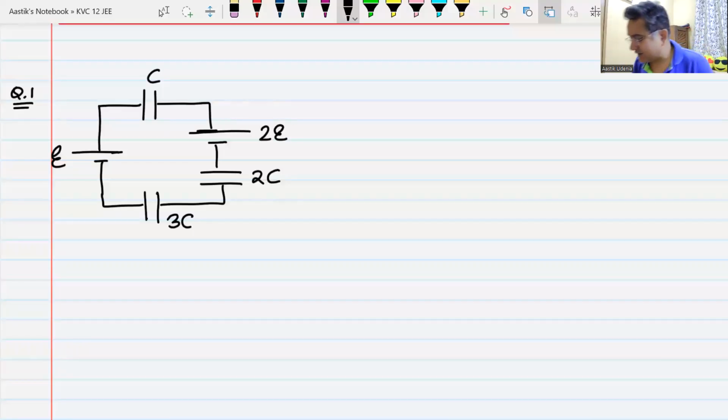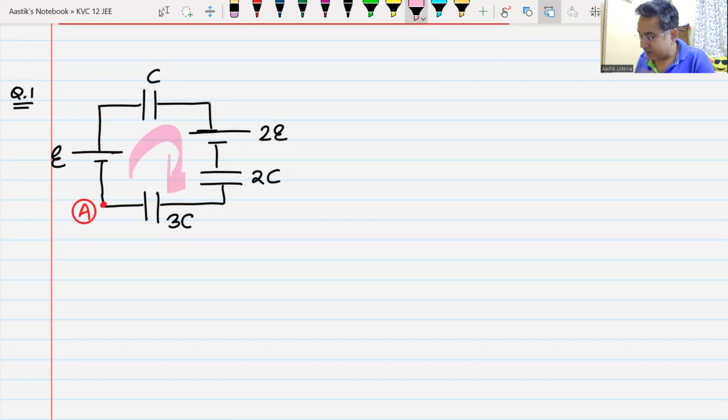I'll assume that it is correct. So how do I go about it? I keep on repeating this, doing the same thing. I will start from this point A. I will turn back and come back. Let me just assume some charges on it. How do I give charges? I assume that the current is flowing like this.